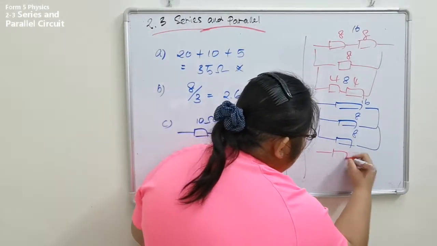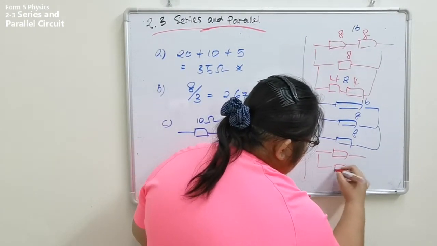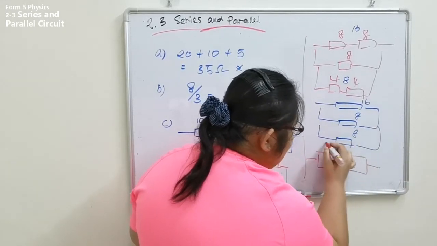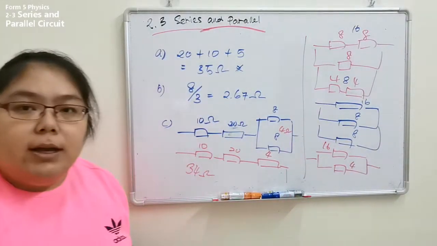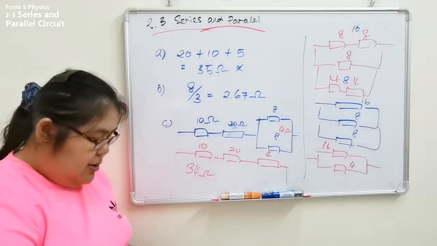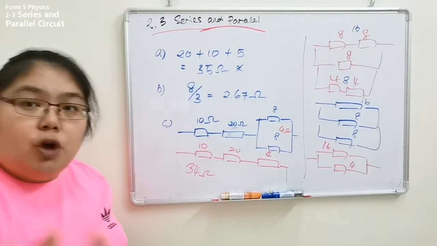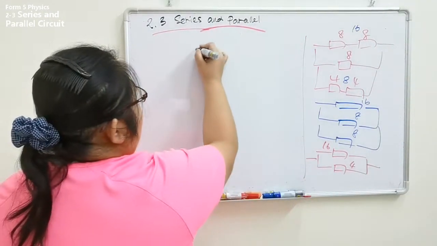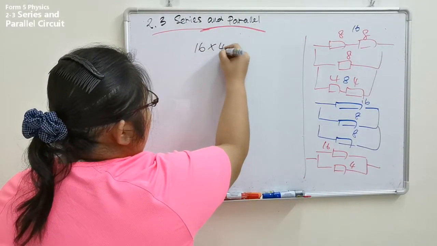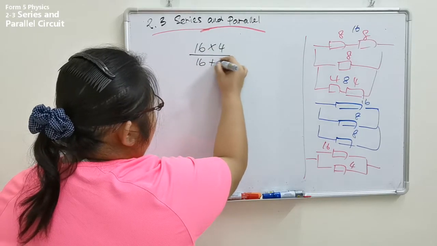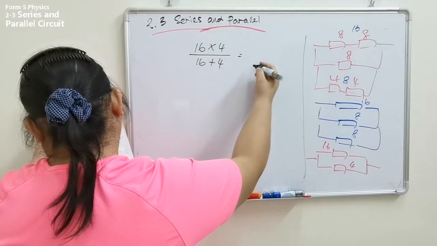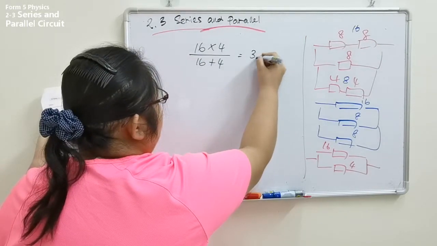Now I am left with 16 and 4. Then we straightforwardly apply the short calculation: 16 multiply with 4, over 16 plus 4. So we get the answer, 3.2.